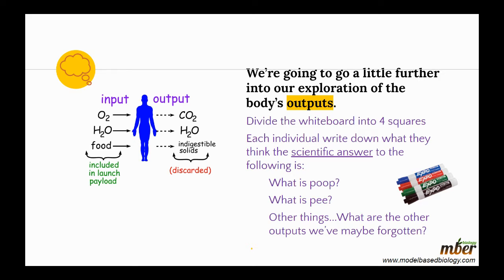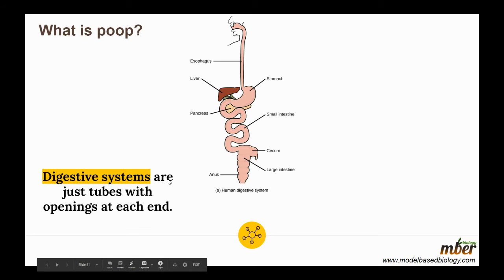So excess waste from the digestive system, maybe. Okay. Justin, what do you think pee is? I believe pee is the waste from liquids that you consume in your body. So waste from liquids that we consume. Okay, good ideas.